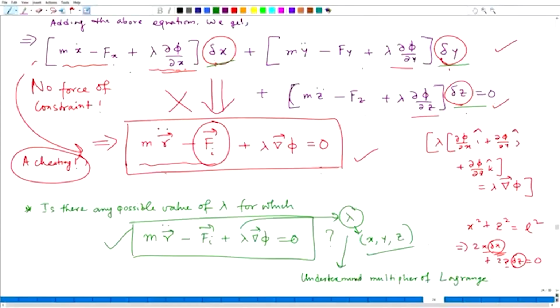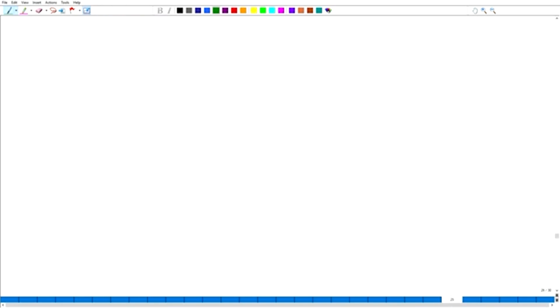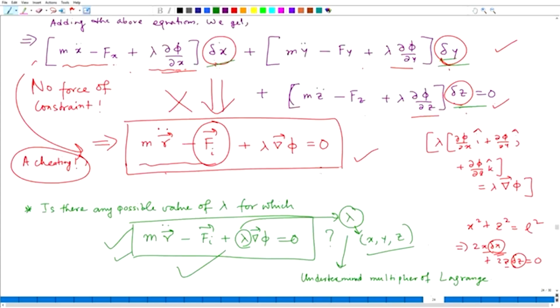So, now you just admit that there exists a specific form of function for lambda for which this is still 0, even if these things are not arbitrarily chosen. With this claim we can say that this equation is a valid equation, and this is the Lagrange's equation of first kind.